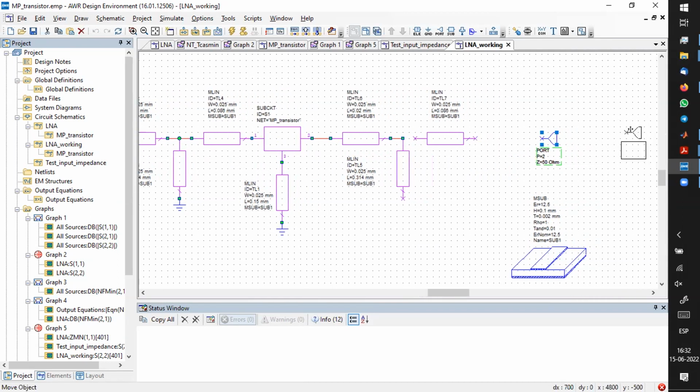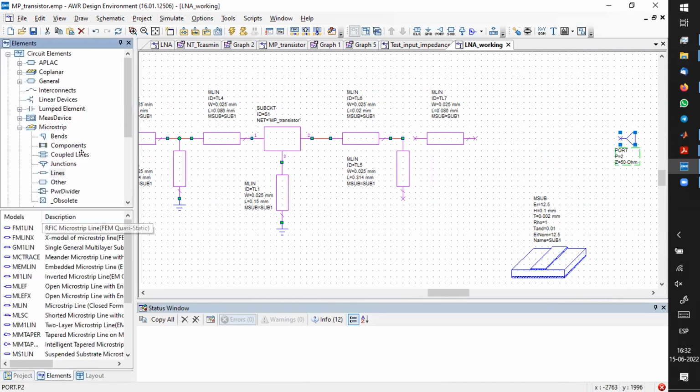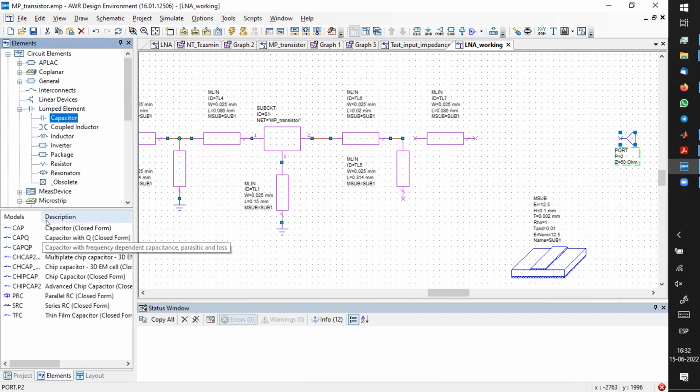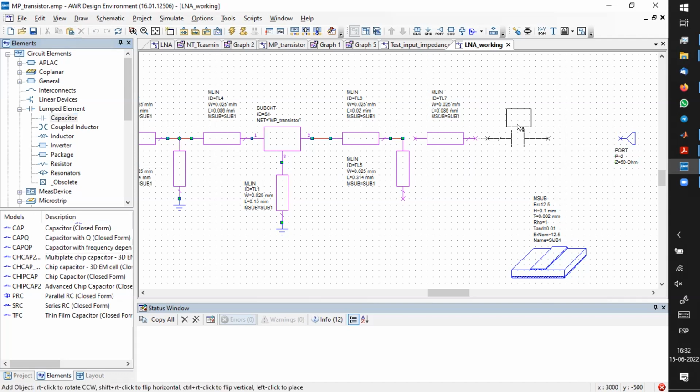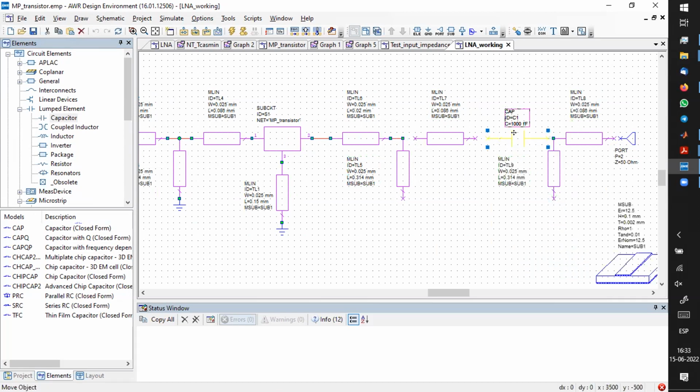Yeah, you need the bias one that you can use for matching too.